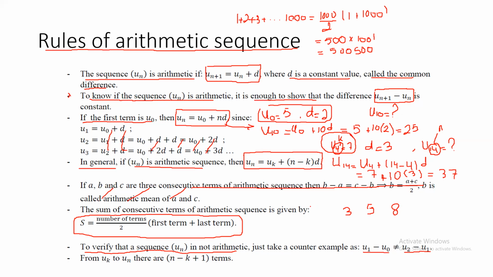No. Why? Because from 3 to 5 is 2, and from 5 to 8 is 3, so 5 minus 3 does not equal 8 minus 5. This sequence is not arithmetic. So to verify that a sequence is not arithmetic, we take a counter example.